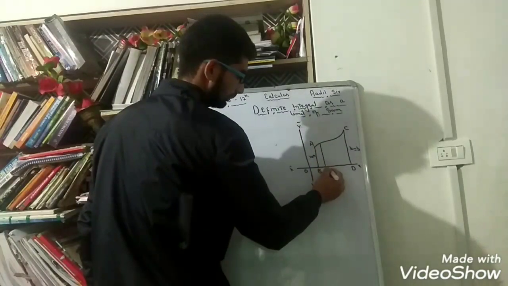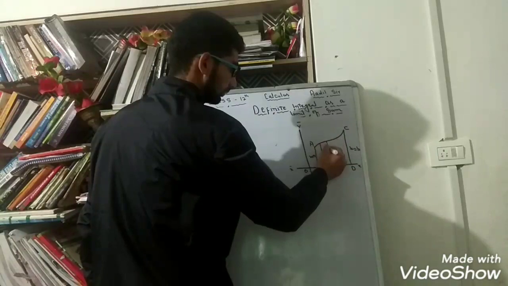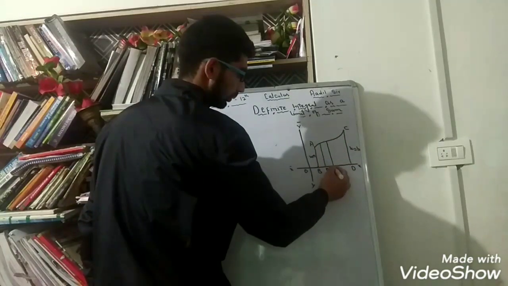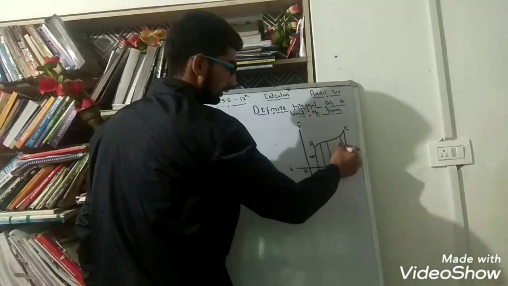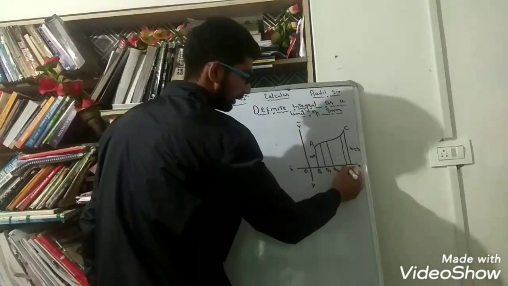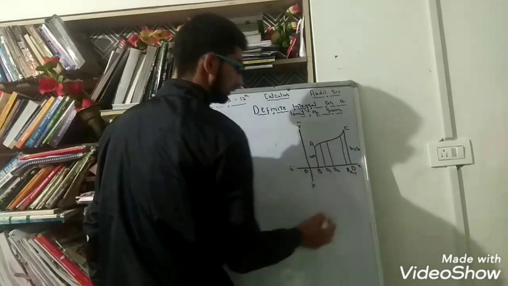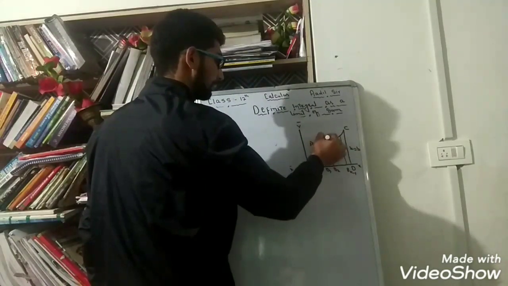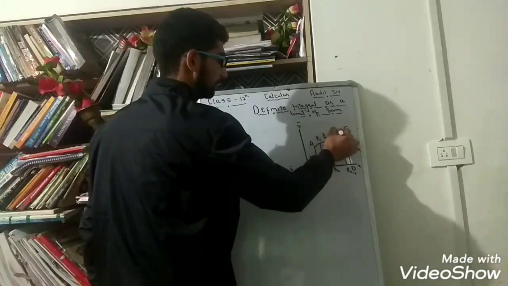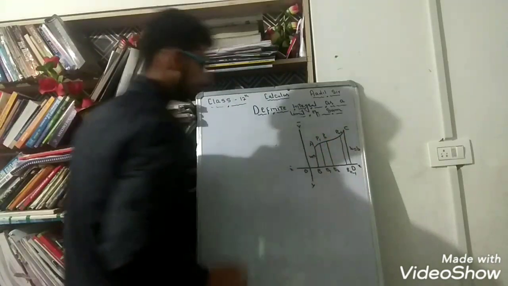And this is B1, B2, and so on, and this is Bn minus 1. And here, if it is P1, P2, and so on, after this will be n minus 1.